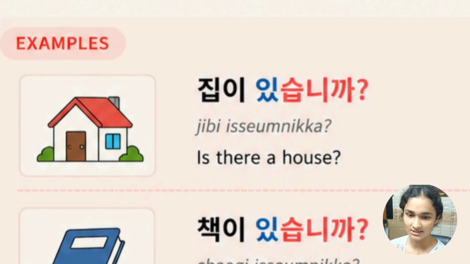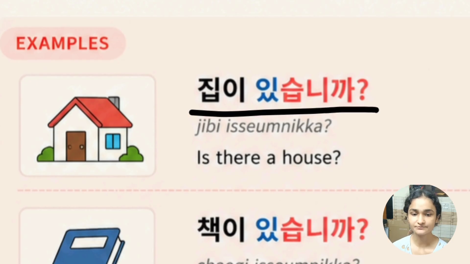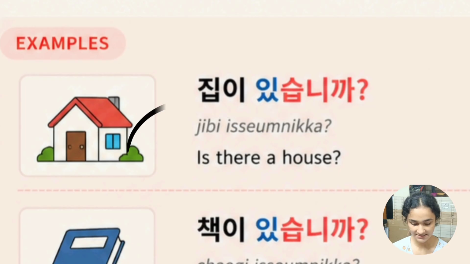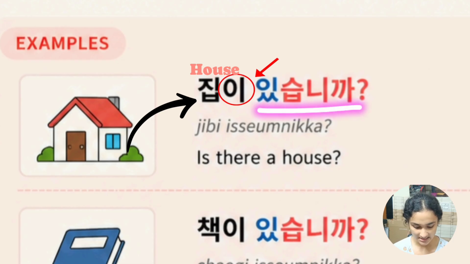Now let's look at some examples. The first example is 집이 있습니까? 집 means house, 이 is the particle, the marker, and 있다 means to exist, and 있습니까 is the formal question sentence ending. We remove the 다 part, so it becomes 집이 있습니까, is there a house?